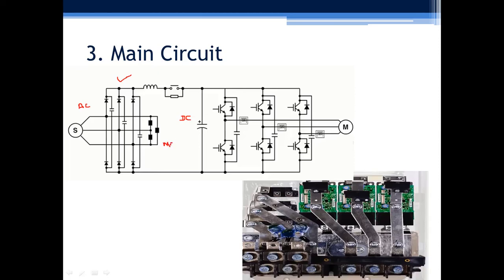First part is MOV. MOV will absorb the transients. Then we have a soft charger. This soft charger circuit will take care of charging of this DC link capacitor. Then we have an inverter here which consists of 6 switches or IGBTs, and the inverter output is connected to the motor. So on this page you can see this.